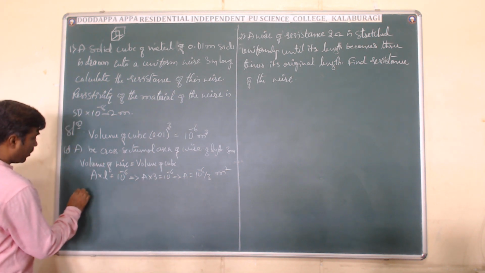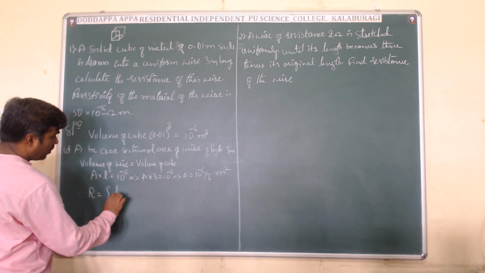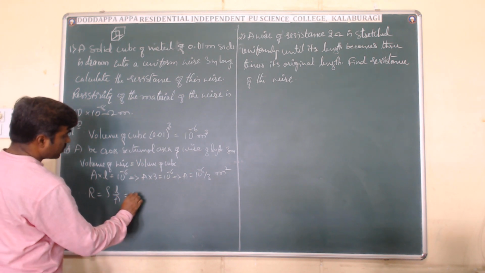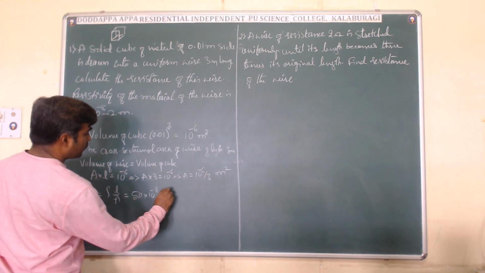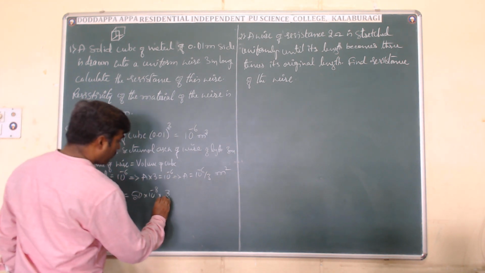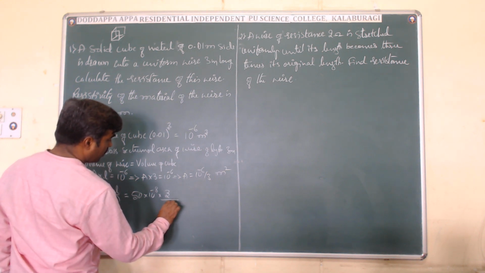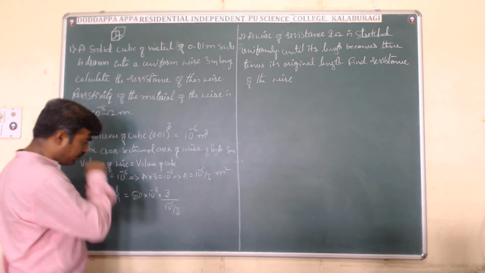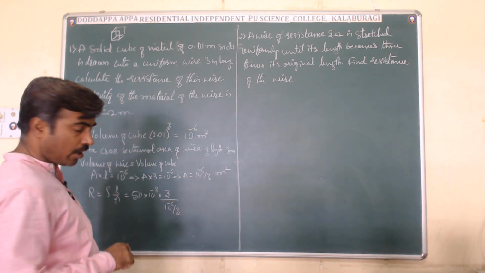Now I can write down the equation. Since resistance is equal to rho L divided by A, rho value is 50 into 10 raised to minus 8, times 3 meter length, divided by the cross sectional area, 10 raised to minus 6 divided by 3.